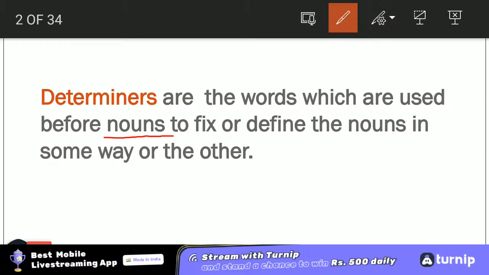So the words which are used before nouns to fix or define the noun, उन वर्ड्स को हम क्या नेम करते हैं? We name those words as determiners.